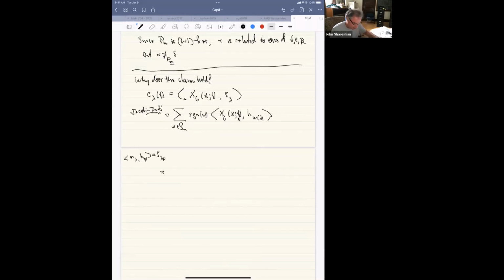This thing here is nothing but the sum over all W in Sn of the sign of W times basically the coefficient of M in here. If we have n variables, all we need is n variables to tell what's going on, because these are degree n functions.